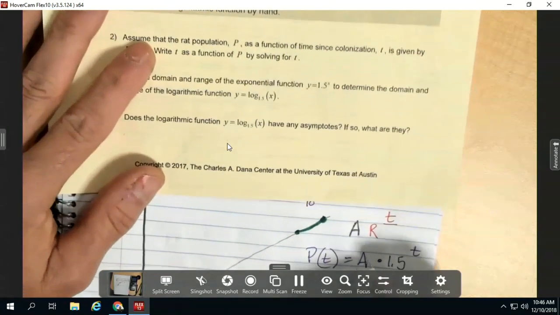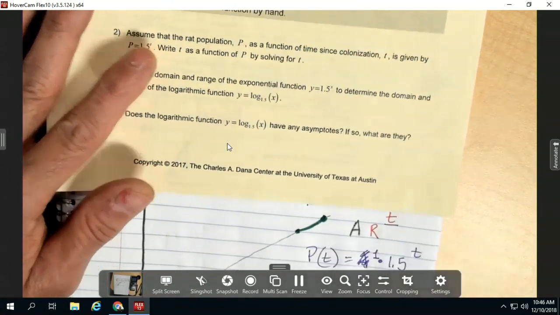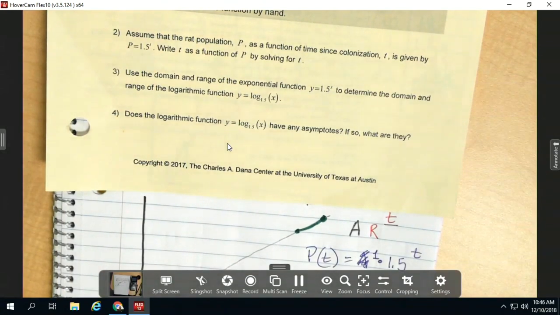Well, they say a is 1, so they must have started with 1. I'm okay with starting with 1, but I can describe that rat very clearly if they started with 1 rat. Gender. No. Those are the two choices.